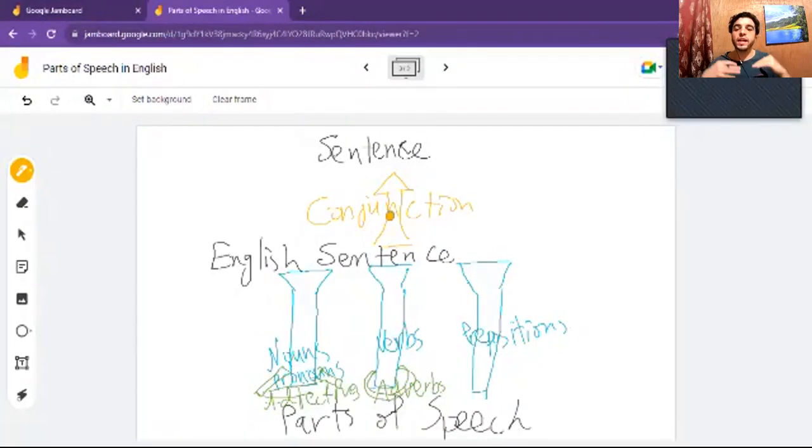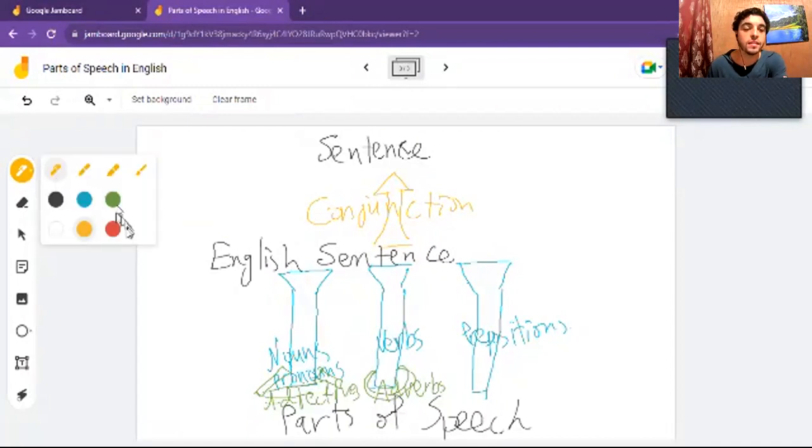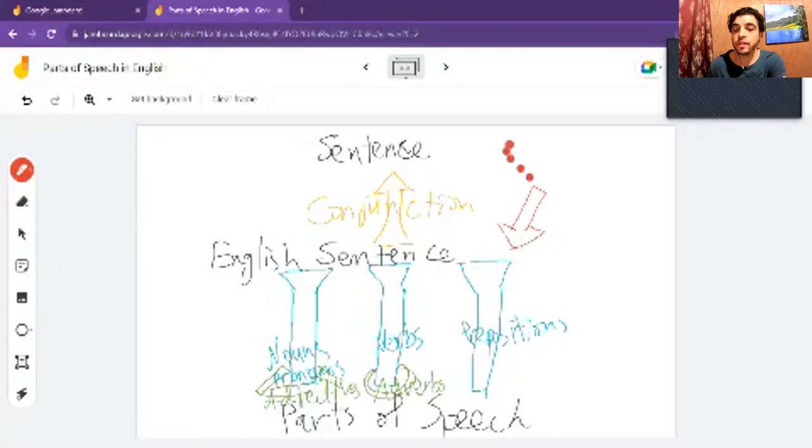So to connect sentences, you need the conjunction. And then we have the interjections. I wouldn't say they're that important, but if you really want to fully understand English, you'll definitely need this.